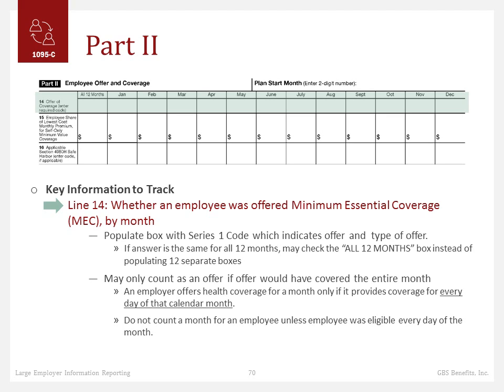In other words, an offer of coverage is one that they would be eligible for or on if they opted in for that entire month, from the first of the month to the end of the month. So for example, if you offered somebody coverage and they're not eligible or not actually on until the 15th, you could not count that month as an offer of coverage.